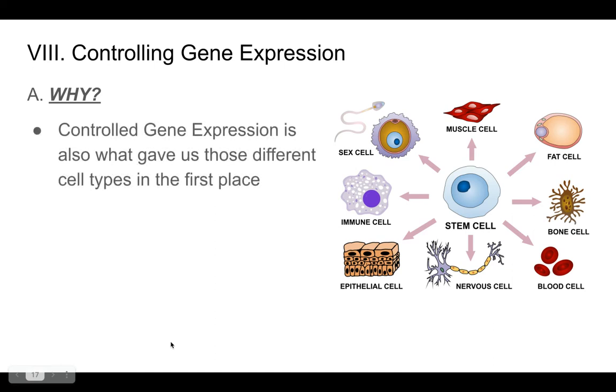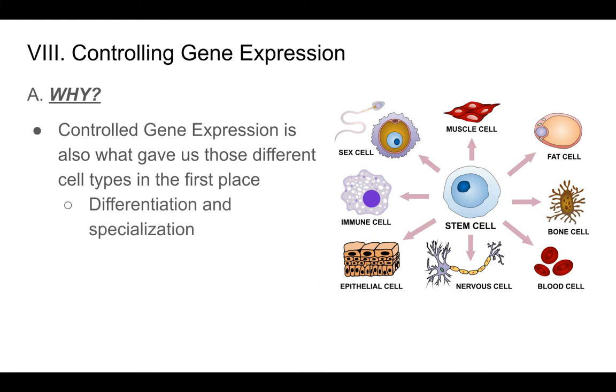So continuing this discussion of why controlling gene expression is what gives us all of those different cell types in the first place, right? The first couple of cells that we are as we're developing are stem cells. They need some programming. And so the creation of these proteins within those stem cells cause them to differentiate, to change shape and then become specialized for a particular function.